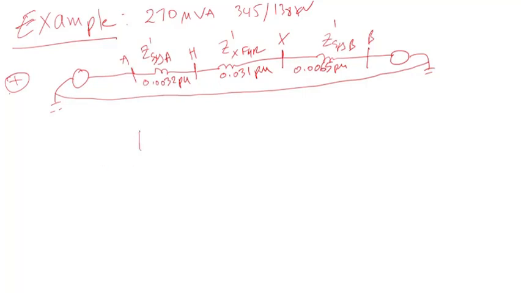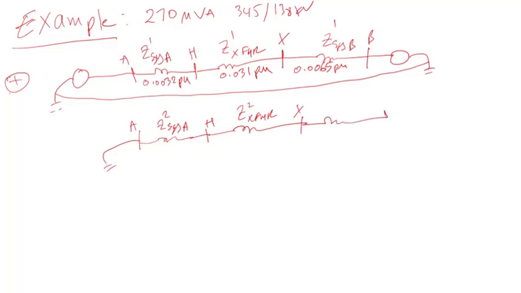So I'll do the same thing for the negative sequence. So negative sequence of system A. So you have H. You have Z2 transformer, the negative sequence. You have X, B, and negative sequence of system B. So basically, these are the same as the positive sequence impedance.